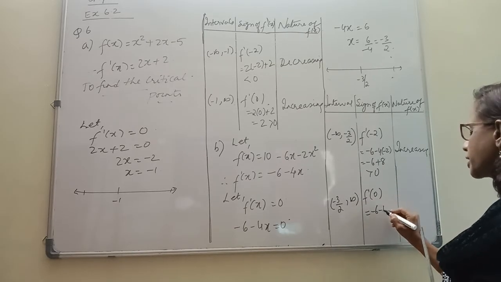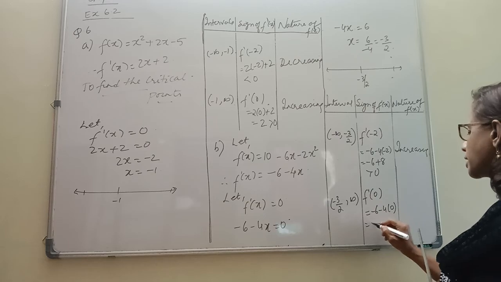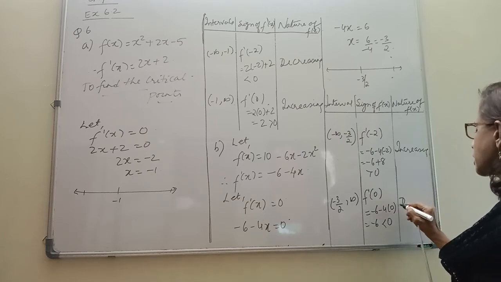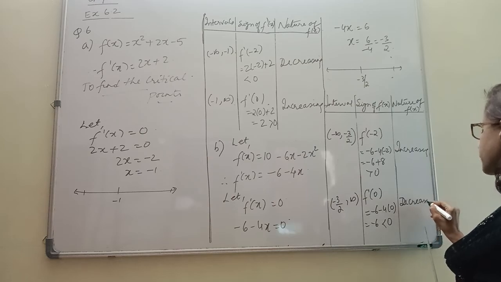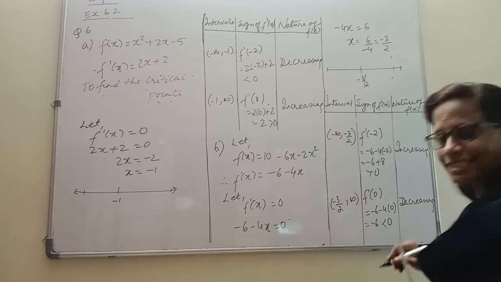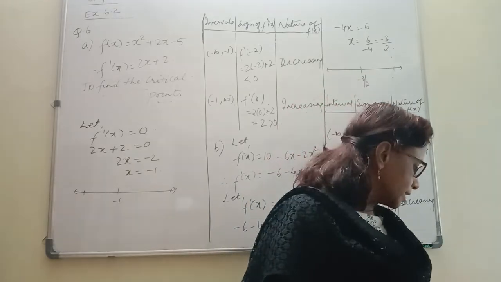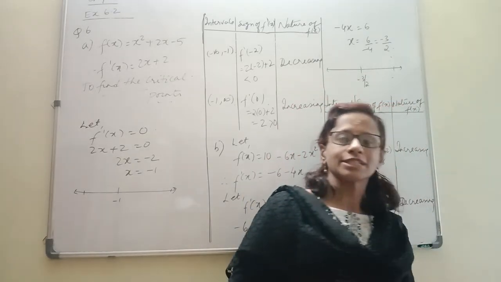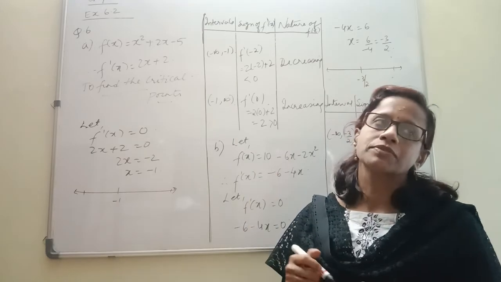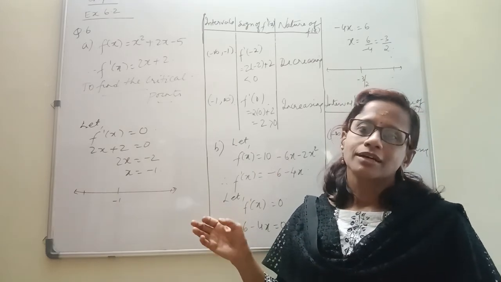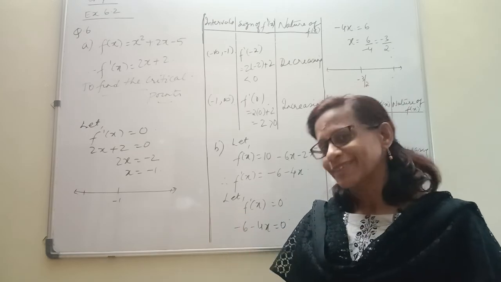So minus 6 minus 4 into 0 is minus 6, which is less than 0. So that's decreasing. That's about it. So that is how we look at the intervals and decide whether it is increasing or decreasing. Both are simple problems because we had only one critical point. So that's about this. With more problems, we meet in the next one.